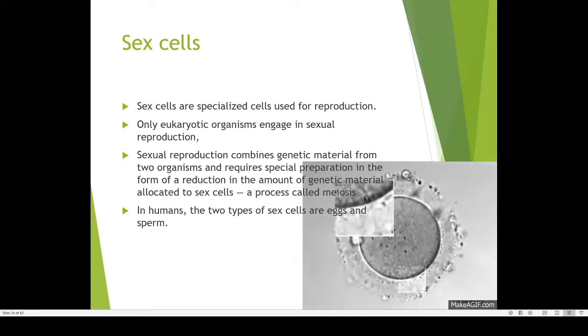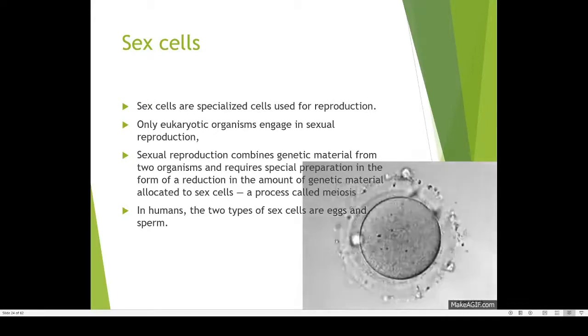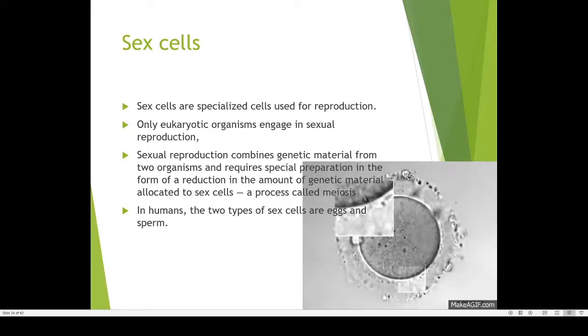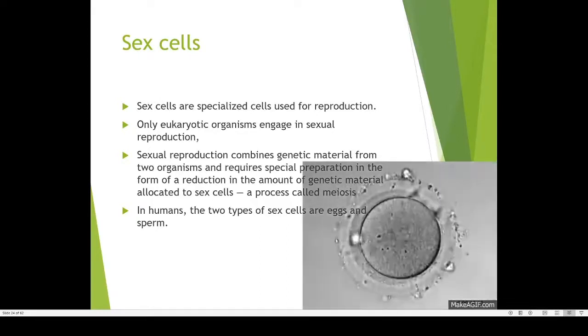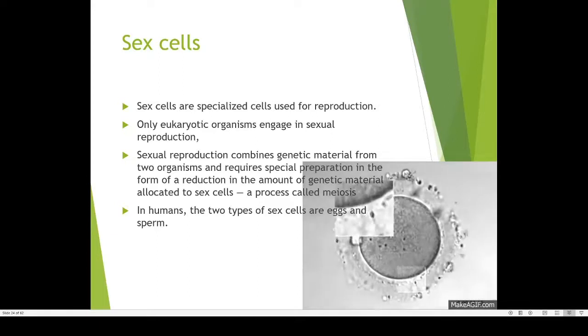So in this picture that you can see, the GIF, you can see the small sperm cell entering the very, very big egg cell. And yes, there's only one that can enter. Once it's able to enter, the others, I think they just die.